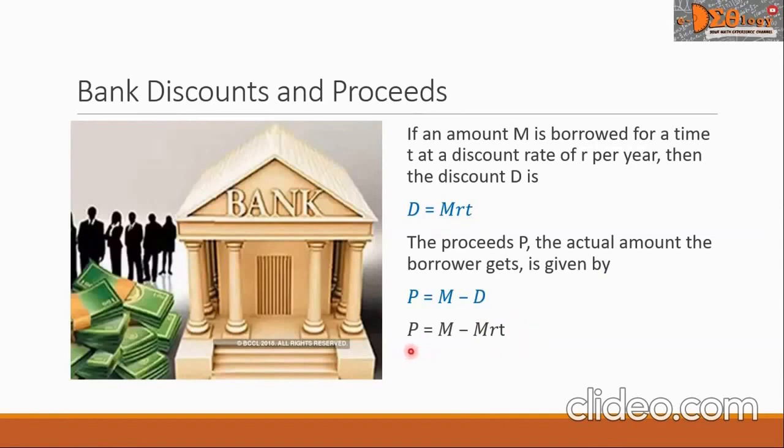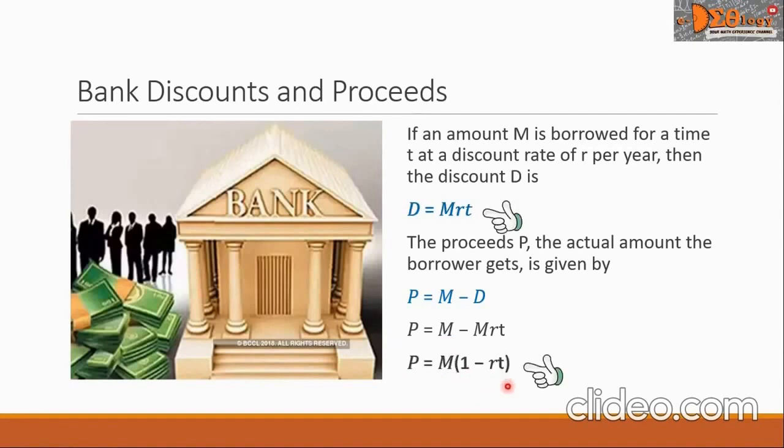So we have this new formula: P equals capital M minus the product capital M times R times T. In these two terms, there is a common factor, and that is M. We can factor out that capital M. So on the next line, we have capital P equals capital M times the quantity 1 minus the product RT.